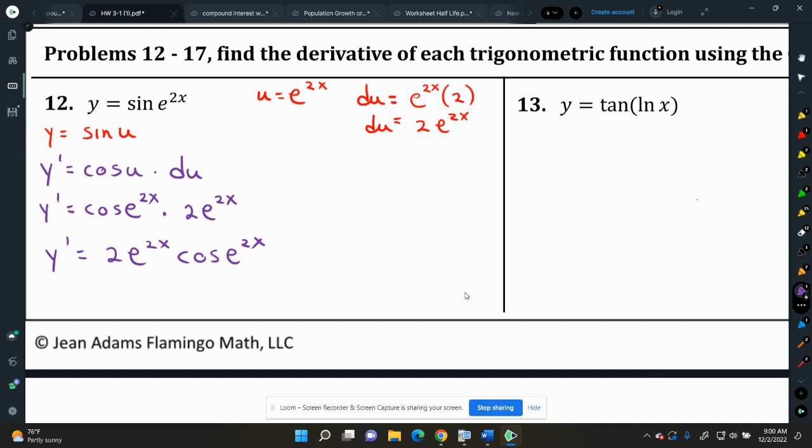What did you call u? So what's du? There you go. So y equals tangent u.